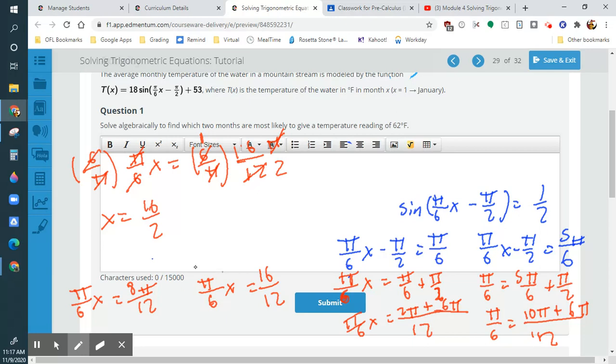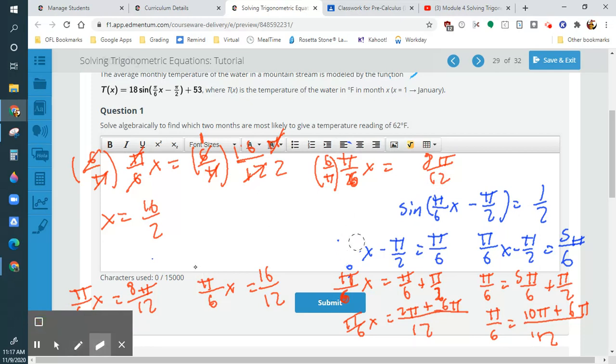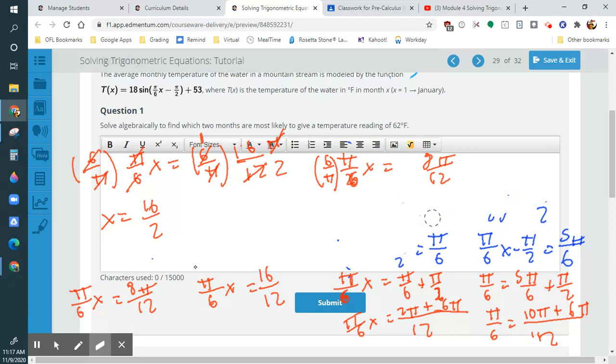And then I'm going to do the other one, which was pi over 6 times 6 over pi x equals 8 pi over 12. I'm going to erase this blue stuff so I can have more room.